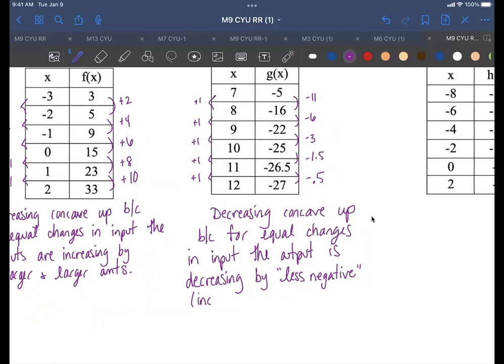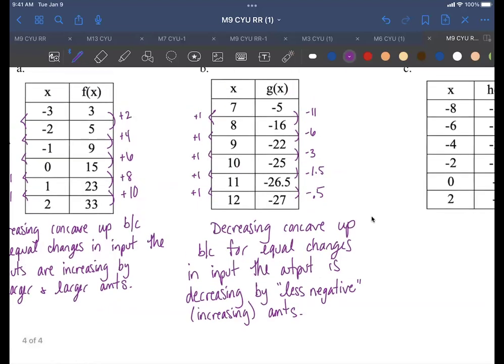When numbers get less negative, it's because they're going up. Which is what makes it concave up. Anytime your changes are going up, well, that's concave up. And as weird as this one is, because it's negative, these changes are going up. To be less negative is to be increasing on a number line.